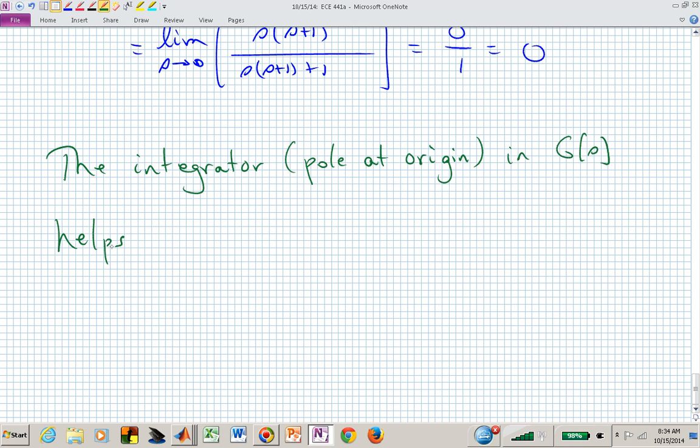It's integrating the error away. If there's any error between the reference and the output, that integrator is saying, I need to drive you to 0 so that I'm a stable system. The integrator in g of s helps drive the error to 0.